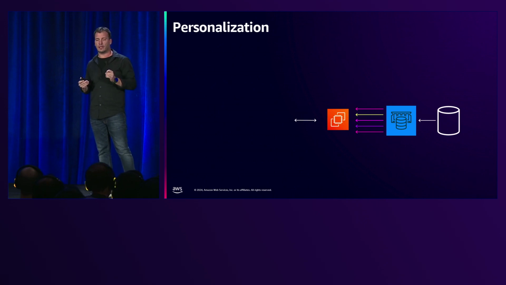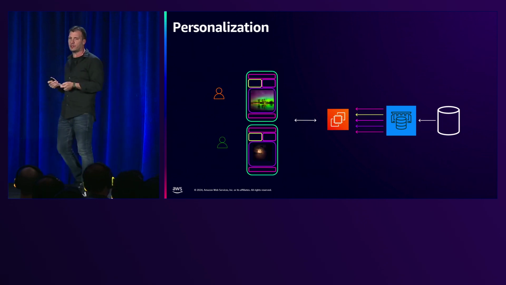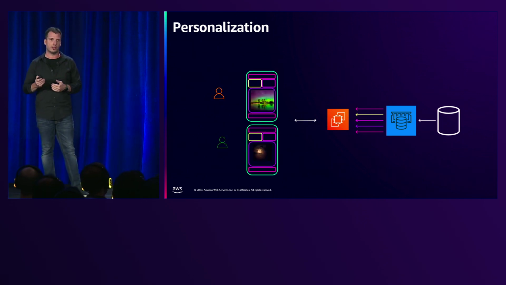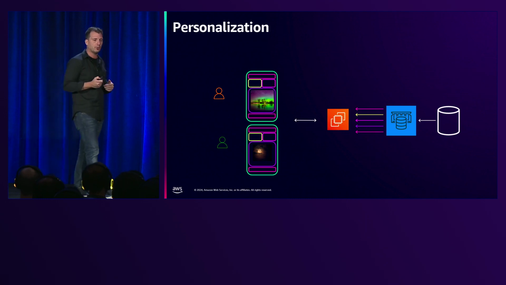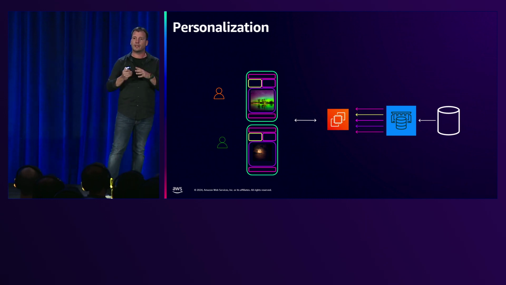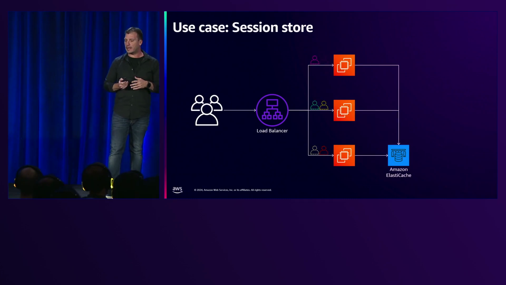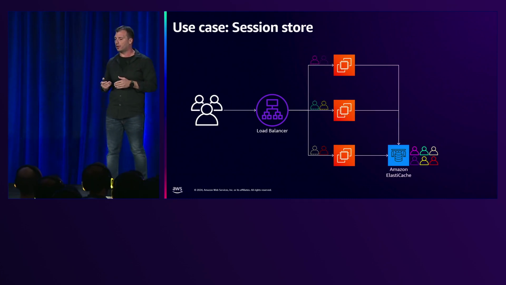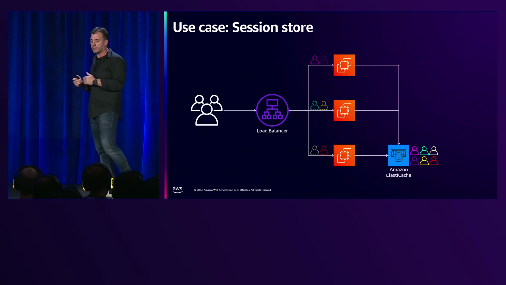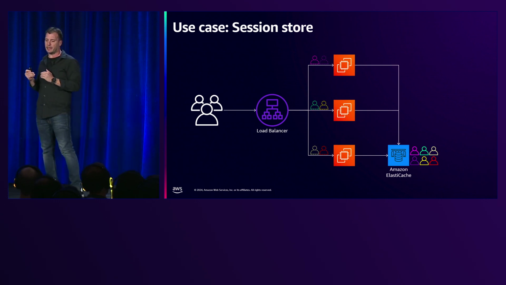To be more concrete, we're going to use the session store to create personalization. So each of the clients will have a different look and feel when they are connecting to our website. The clients connect to the backend through the load balancer, which balances the connections across the backend servers.